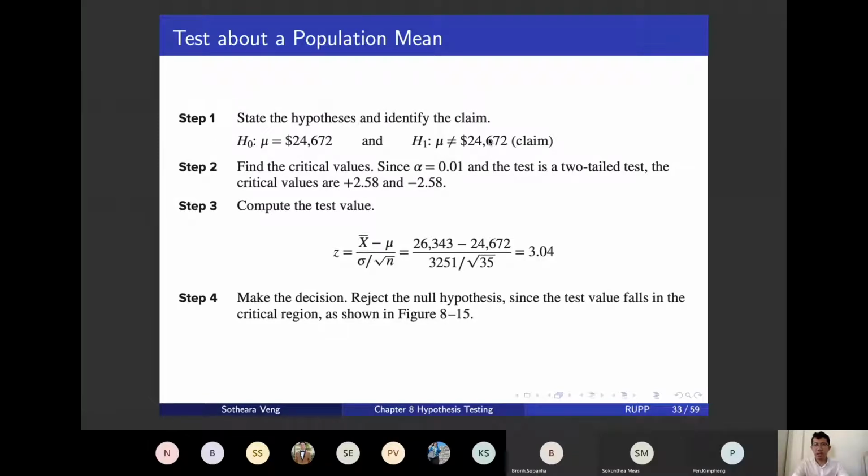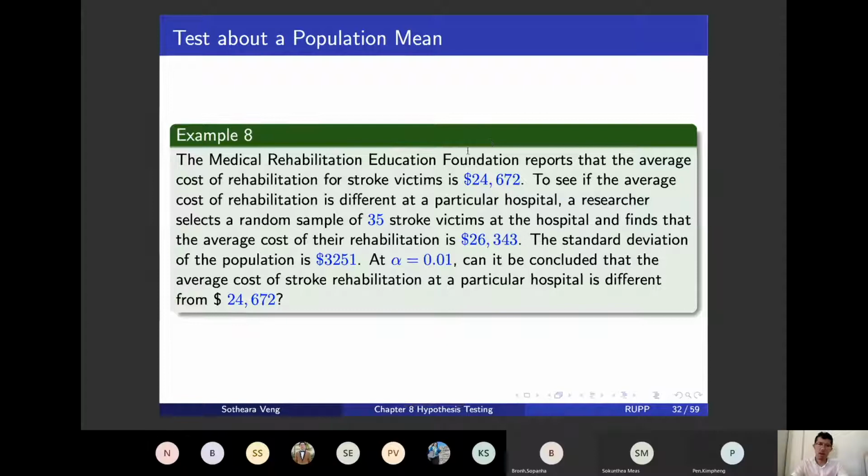Because your claim is about the population, any rehabilitation must be included. And if you knew all of that, you could compute the real mean, the real average value. But in practice, it's impossible because you do not always have access to the population data.